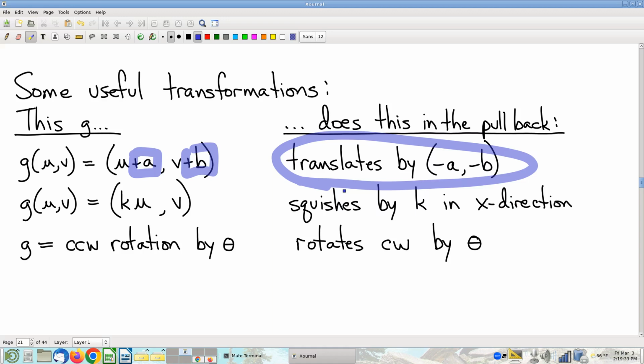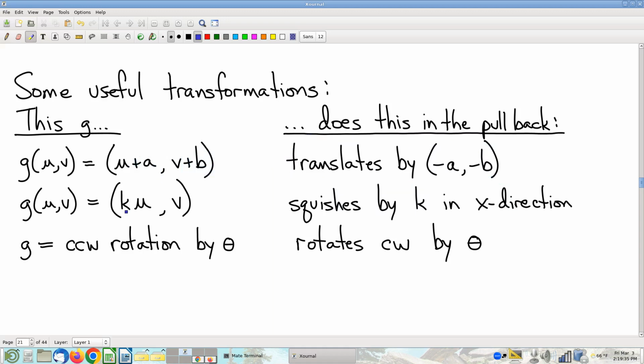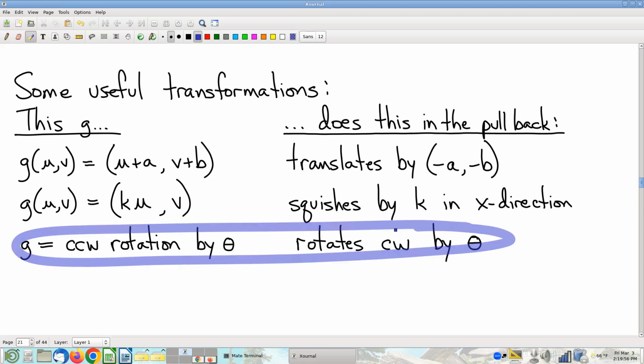And likewise, if your change of variables function stretches, well, then doing that backwards will squish. If your change of variables is a counterclockwise rotation, effectively that will clockwise rotate your domain. Now let me show you an example of this latter one, just to point out this oppositeness that I'm claiming here.